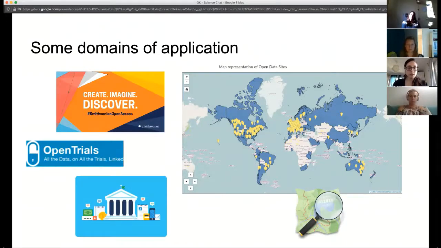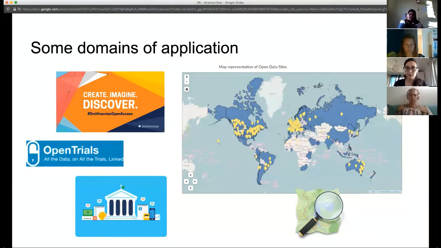Create, Imagine, Discover: Smithsonian Open Access is something that happened recently. That is, the Smithsonian went open access, and there's a huge catalog online available for everyone to use. The idea is, and this is backed up by things that happened in the past, when institutions open up their resources, people start working with them and produce incredible things that could not have happened if the resources were not open.